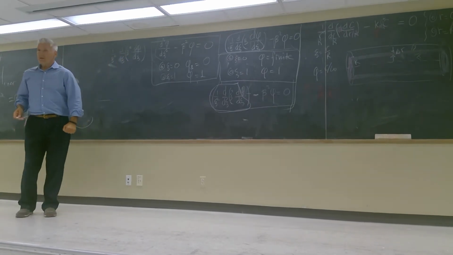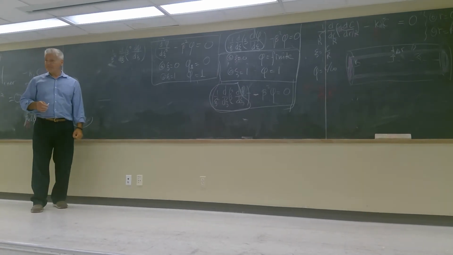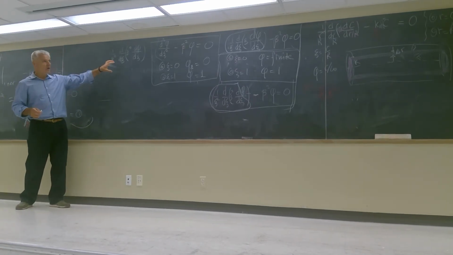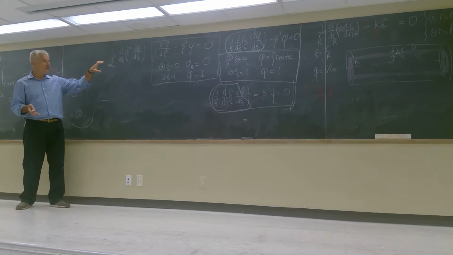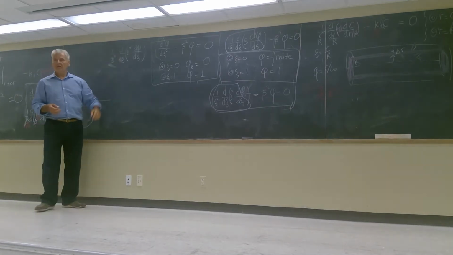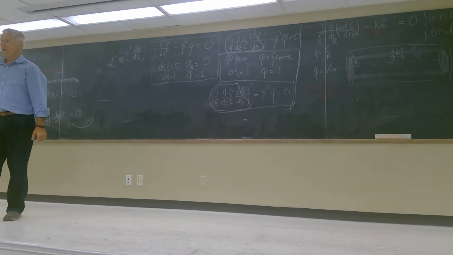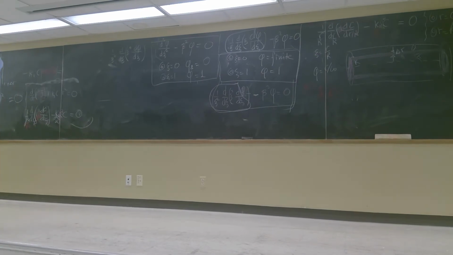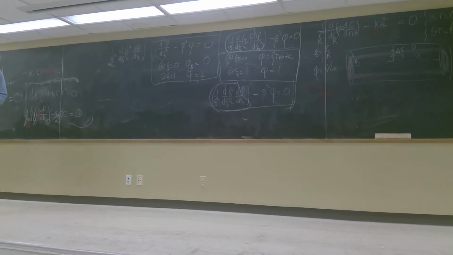So what happens is, as you go from a plane geometry, how many ways of curvature do you have on a plane? 0. And when you take a plane and you want to make a cylinder, how many times do you curve it? 1.